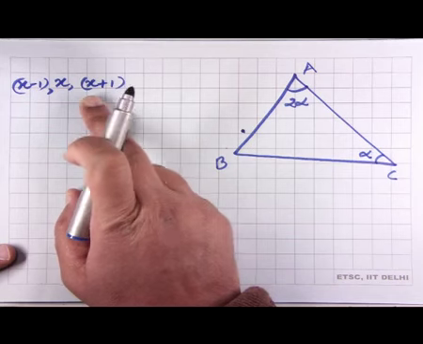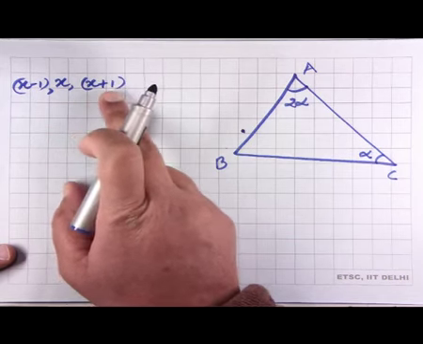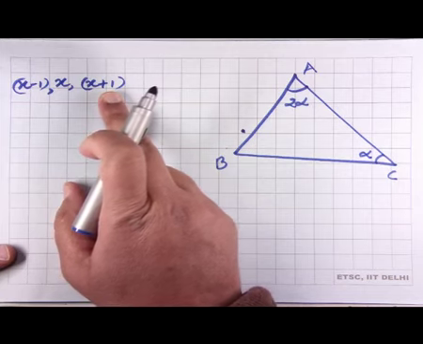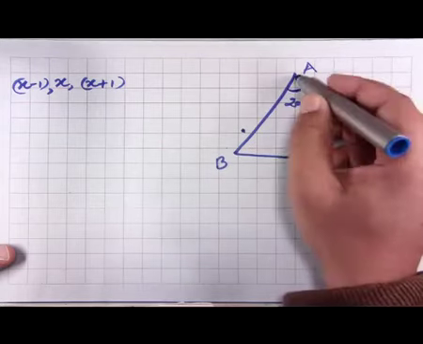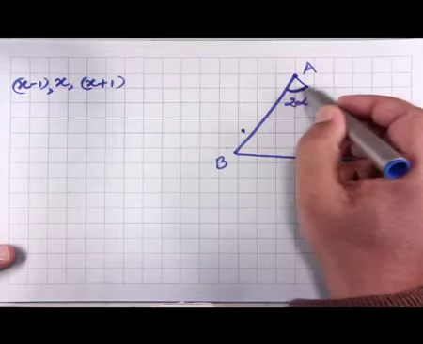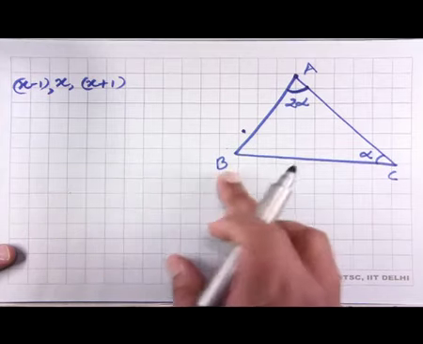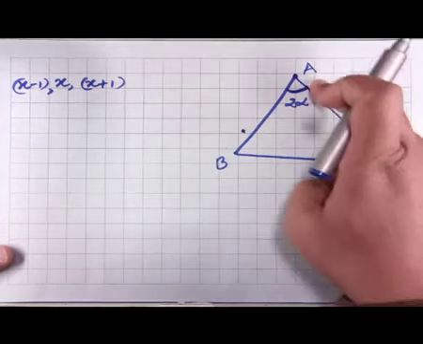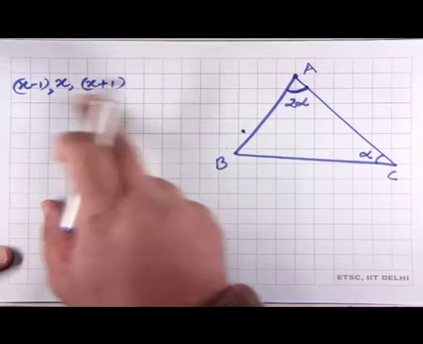Naturally, the side having the largest length is opposite to the vertex having the largest angle. So, this vertex A has the largest angle 2 alpha, and therefore the largest side must be this side BC, which is opposite to A, and since these are the lengths of the 3 sides, the largest one of them is x plus 1.